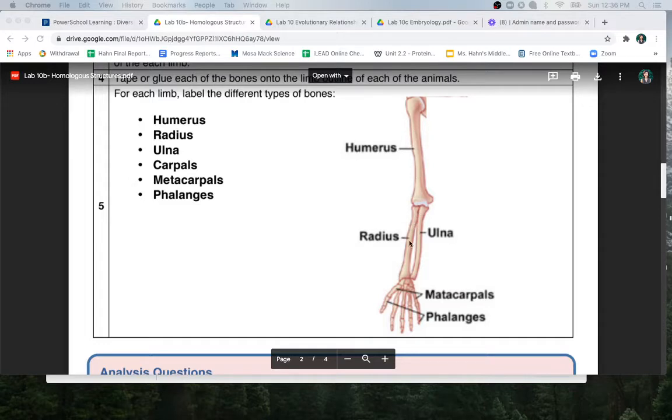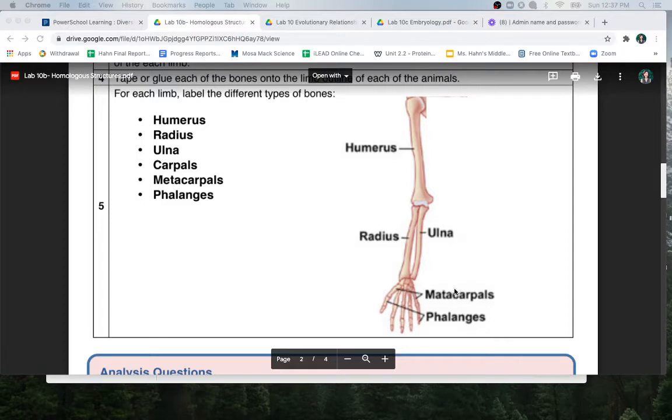Our forearm actually has two bones, which we call the radius and ulna. Our wrist bones are the carpals. The lower bones in our hands are called the metacarpals, and then our finger bones are called phalanges.